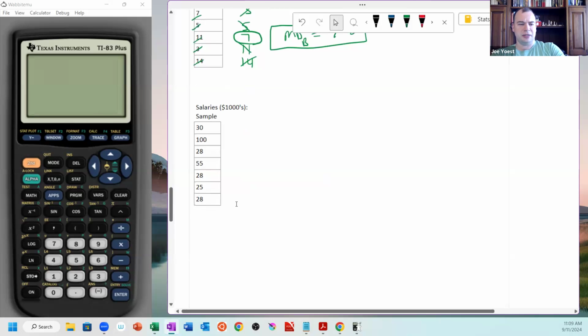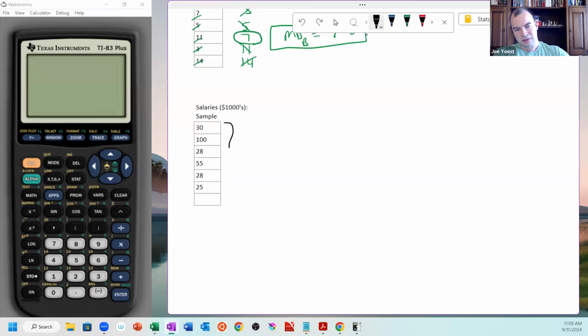Now salary, I'm going to make a little change here. I'm going to get rid of one of these 28s just for the time being, so that I can demonstrate something really quickly.